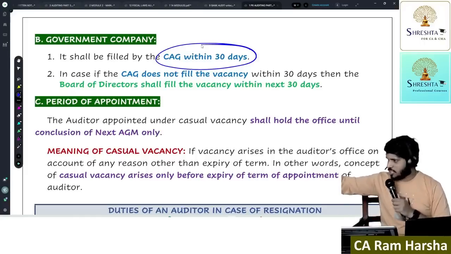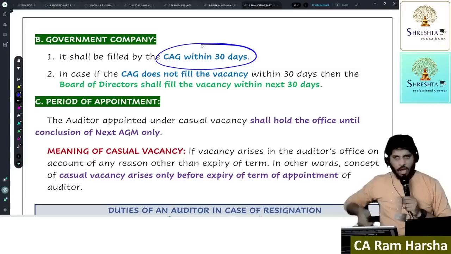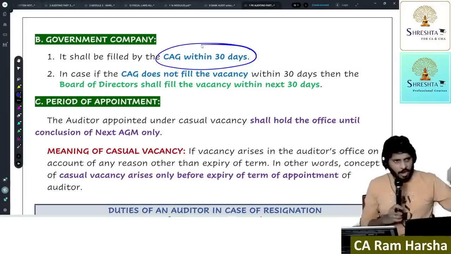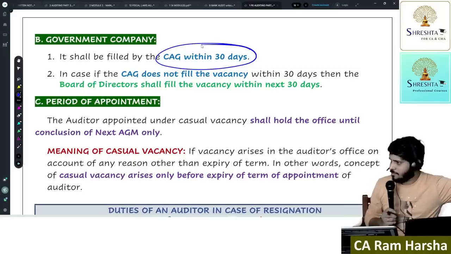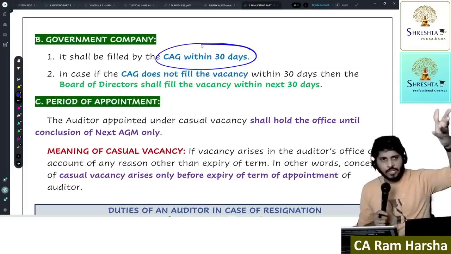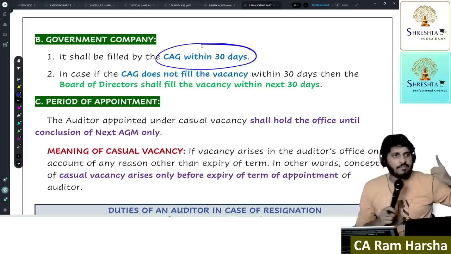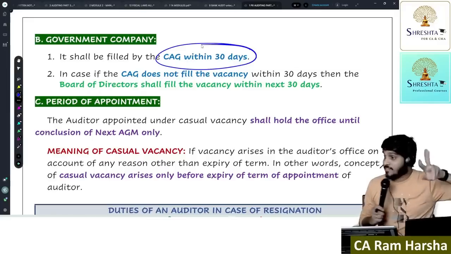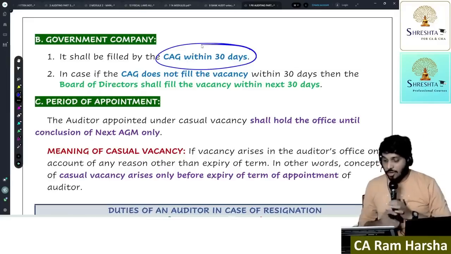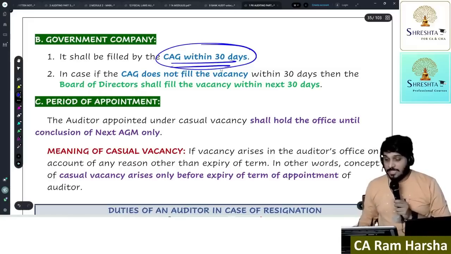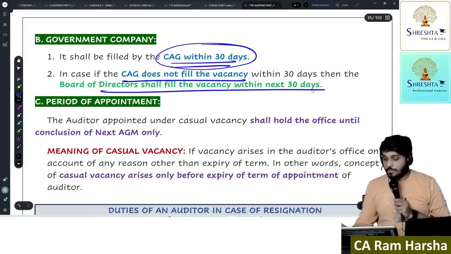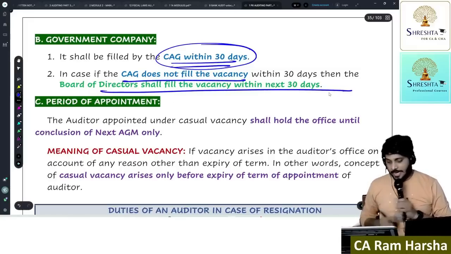We should send it to all the shareholders. We should call for the general meeting. If all this should happen, audit must be done. And the auditor left. So we cannot continue like this without an auditor. Can we conduct AGM without having financial statements? You might have seen in 137. Yes or no? So C&AG will appoint within 30 days. If C&AG does not fill, the board of directors will fill within the next 30 days.